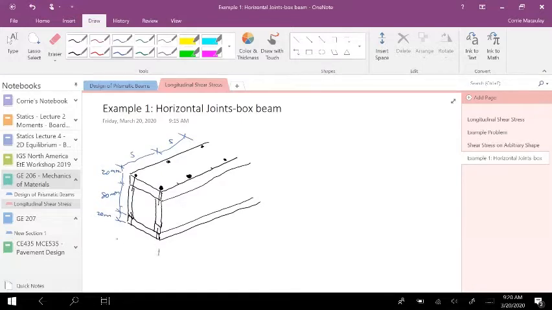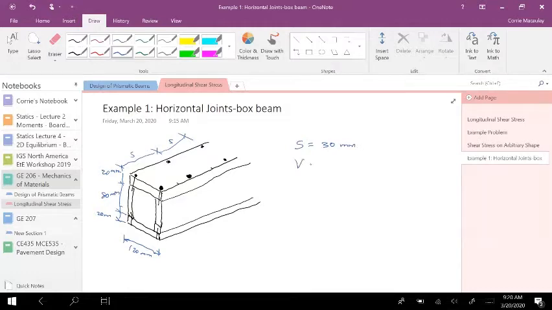Right, and let's say the plank at the bottom and top is 120 millimeters. Right, so that's the box beam. We're going to say S is equal to 30 millimeters.